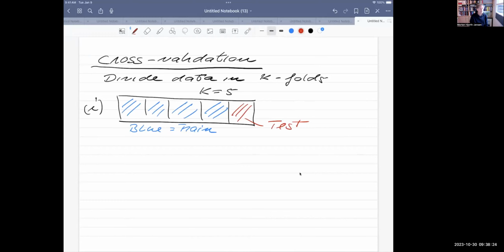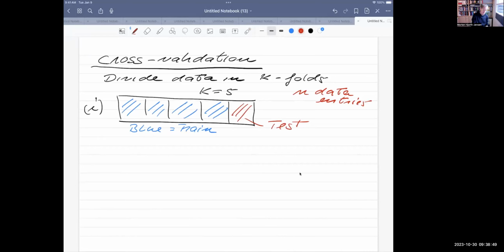If you just keep one data point for testing, that is an approach which is called leave one out cross-validation. But then you would have to run this for the whole data set. So in total, you have n data points.